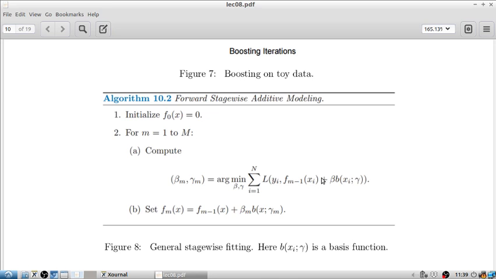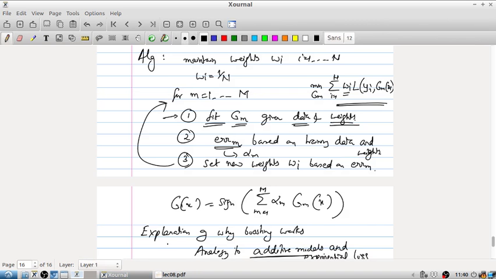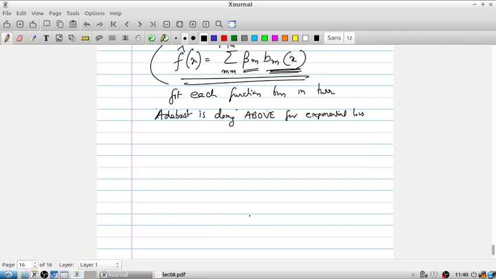Any confusions about that? Yeah. What do we mean by exponential loss? Good question. Let's assume we are still in the two-class classification setting, which is where Adaboost M1 is applicable.